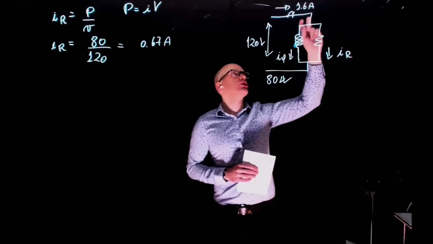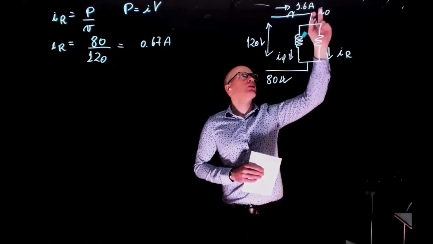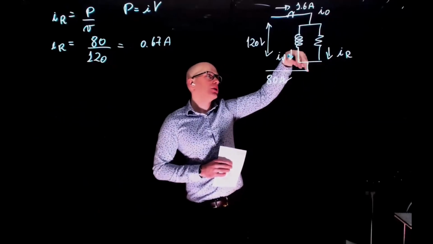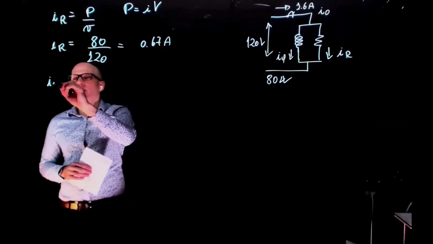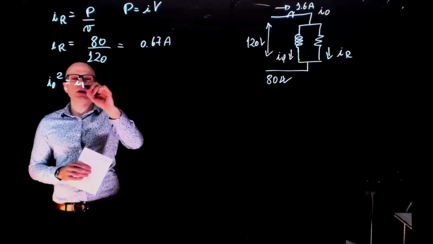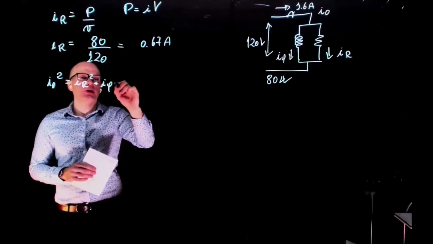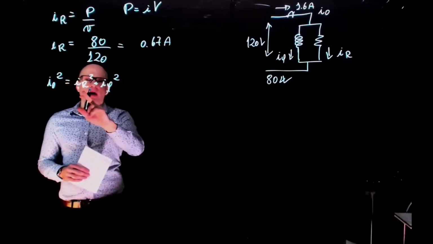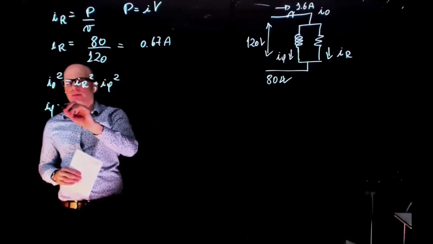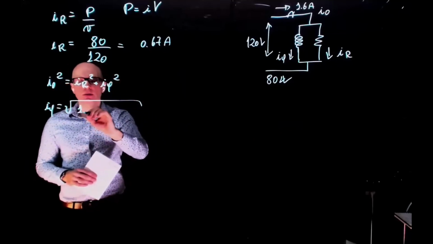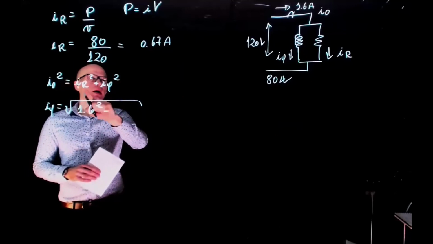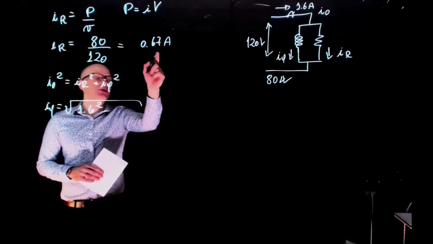Now we can calculate I phi. We know the relation between I0 going down, that splits into these two. We know that they are 90 degrees out of phase. We can write that I0 squared equals IR squared plus I phi squared. I phi can now be calculated as the square root of I0 squared, 1.6, minus IR squared, which is 0.67.